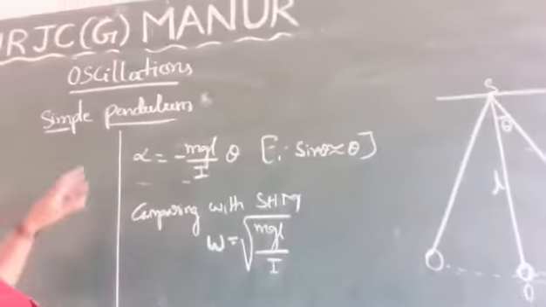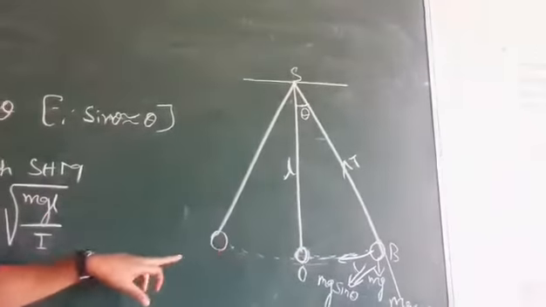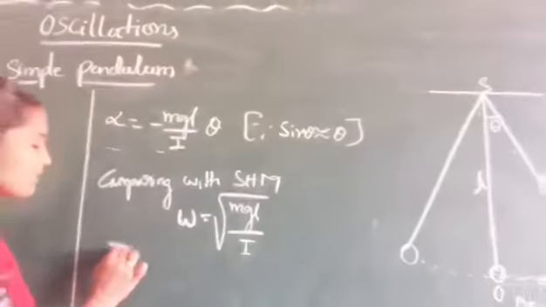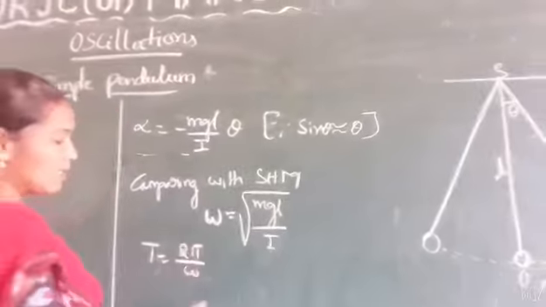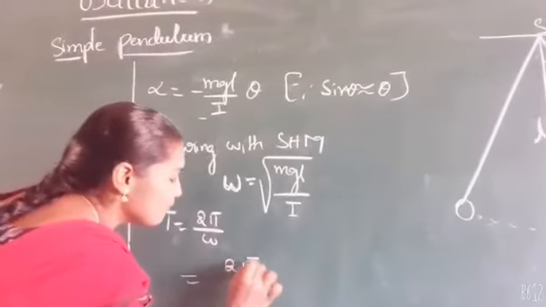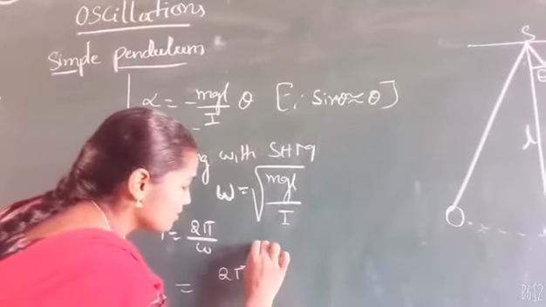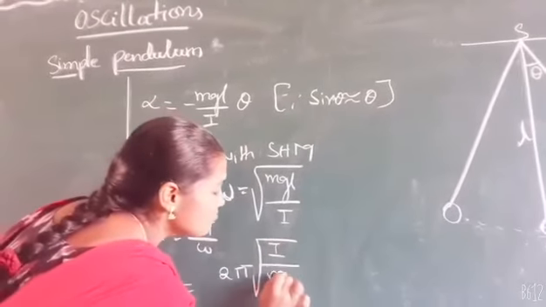In the simple pendulum, we have to find how much time the pendulum takes to complete one oscillation. The formula is time period T equal to 2 pi by omega. Substituting the value of omega, we get 2 pi times root of I by mgL.